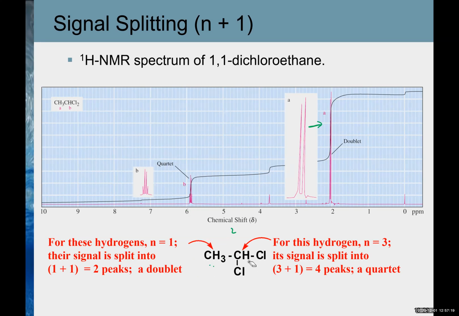Okay, so let's try another example. So let's imagine I have this compound.